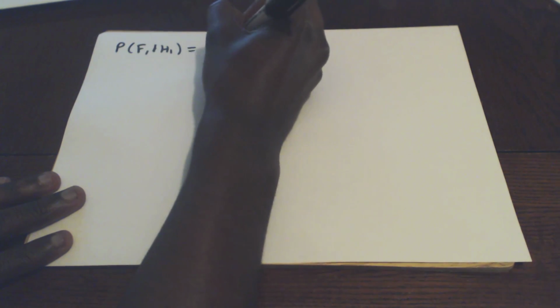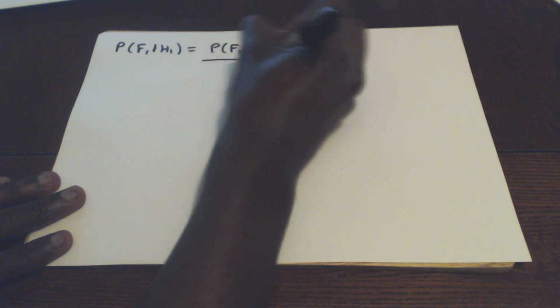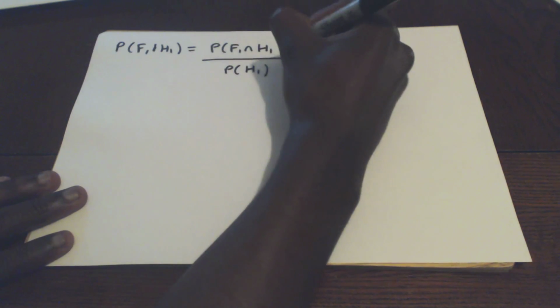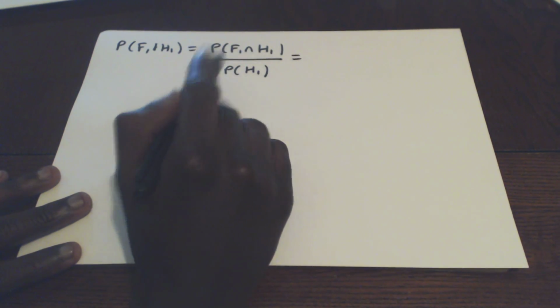Well, on a separate page quickly, the probability of F1 given H1 is going to be probability of F1 intersection H1 over the probability of H1, right? So what's the probability that you got a fair coin and you get a heads?